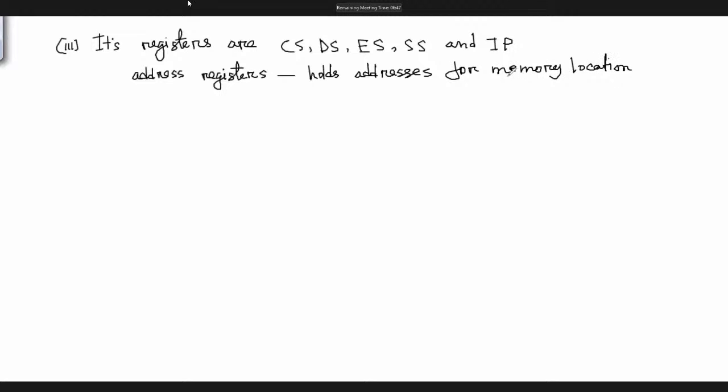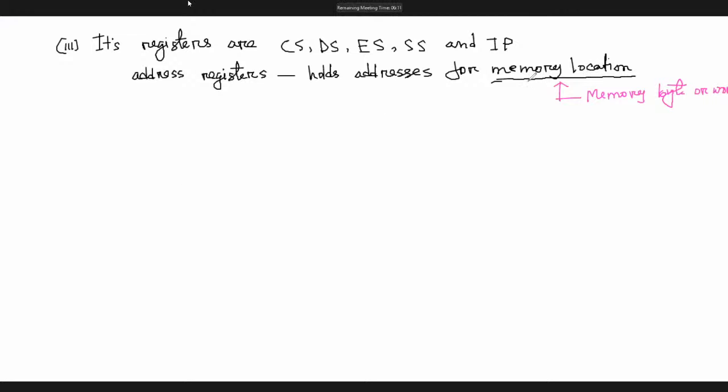So what is the definition of memory location? For our case, memory location means memory byte or word. It can be a double word also, that is possible, but for our case memory location means memory byte or word.